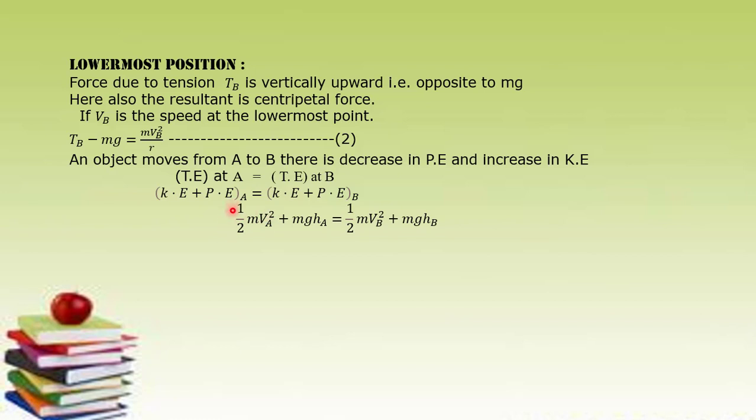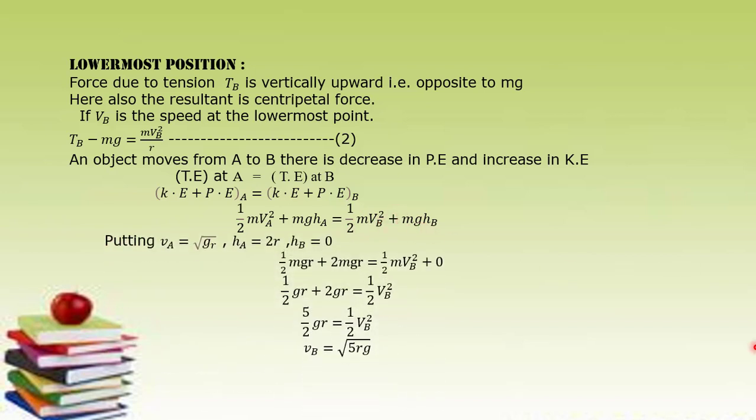Adding kinetic and potential energy, 1 half m va square plus m g ha equals 1 half m vb square plus m g hb. Here va is root of rg, ha is 2r, and hb is 0. Putting these values, you will get vb equal to root of 5 rg, that is the speed at the lowest position.